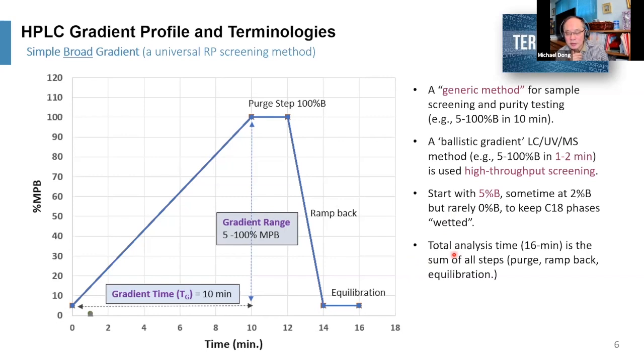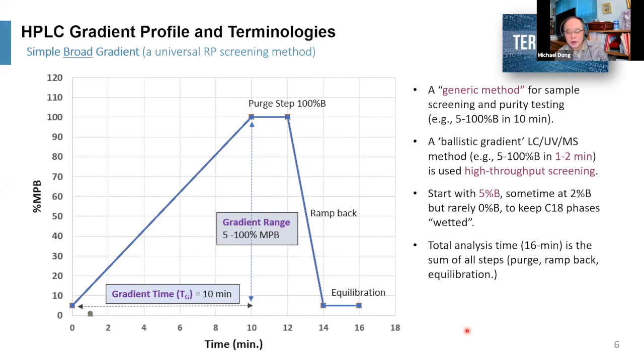Now, what is the total analysis time? Total analysis time is the gradient time, in this case 10 minutes, plus the purge time, which is 2 minutes. The re-equilibration is another 2 minutes, another 2 minutes of equilibration time, right? So a total analysis time is 16 minutes, right? It's also called the total sample turnaround time.